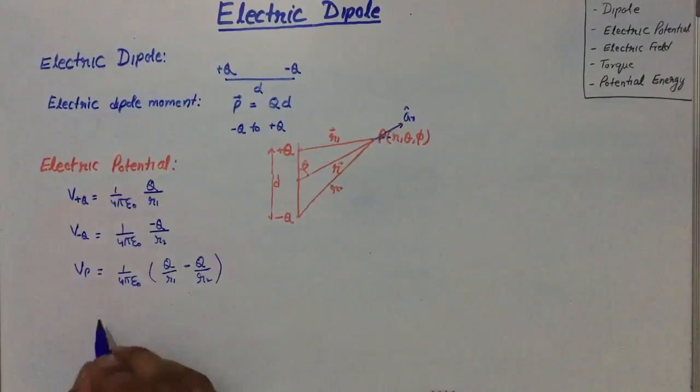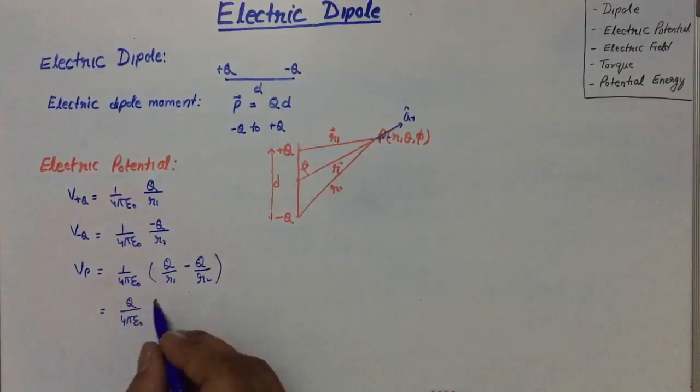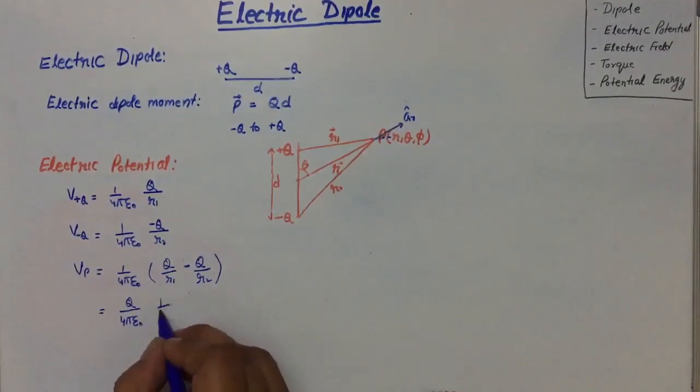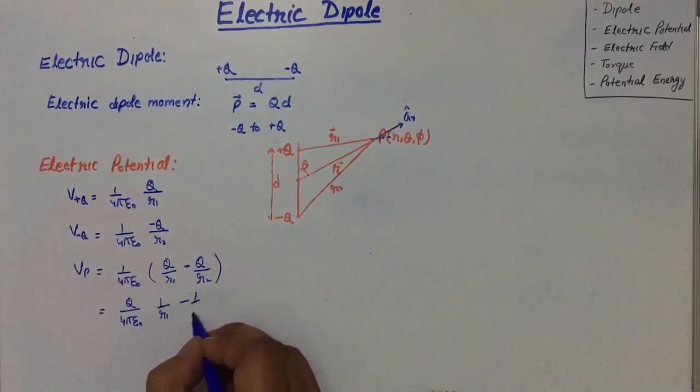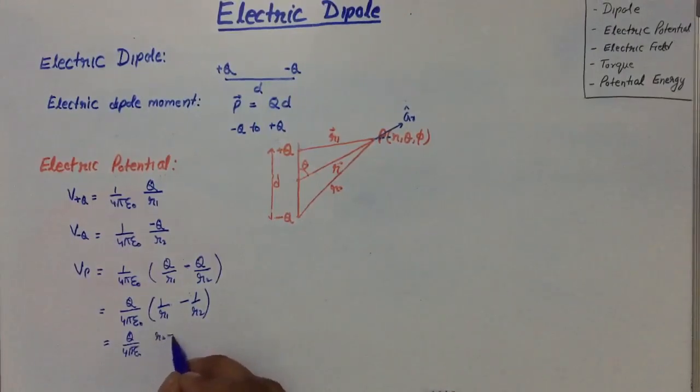Taking Q outside, it is Q by 4 pi epsilon naught times (1 by r1 minus 1 by r2), and after further simplification it gives Q by 4 pi epsilon naught times (r2 minus r1) divided by r2 into r1.